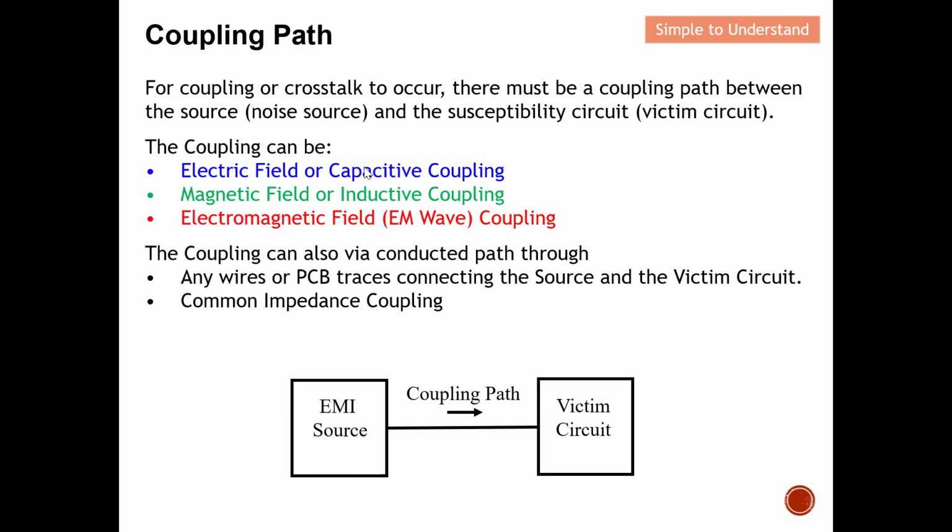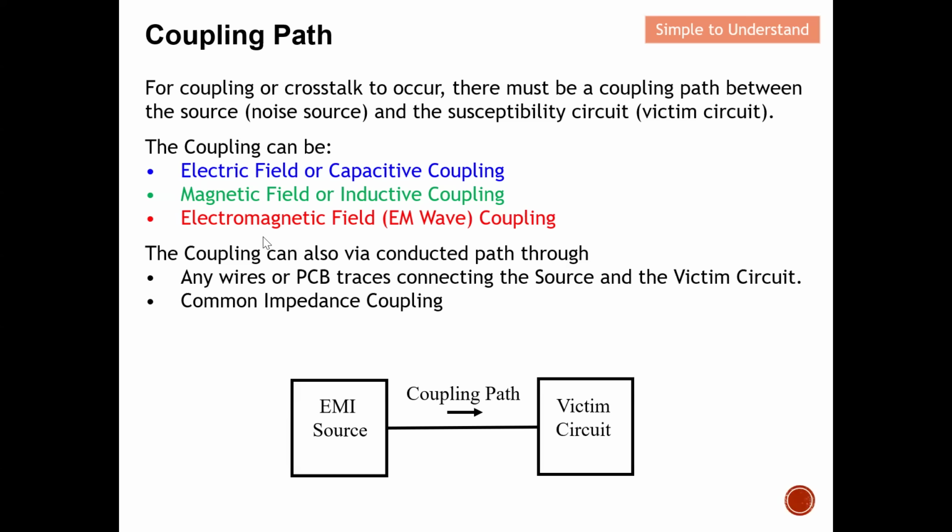This is what we call near field. Under near field, it can be either electric or magnetic field. Electric field is also known as capacitive coupling. Magnetic field is also known as inductive coupling. So these two fall under near field. While for far field, we say that this is electromagnetic field coupling. So this is for far field.